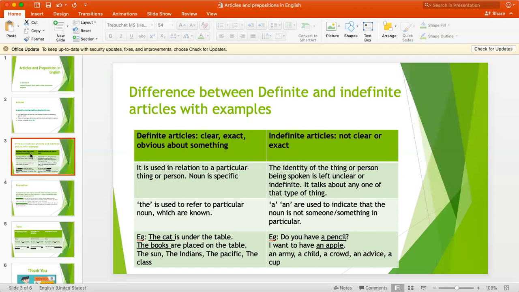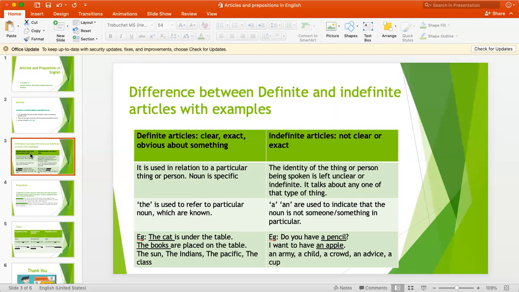Definite articles are used in order to refer to something very clear, obvious, or specific, in relation to a particular thing, person, or noun. The article the is used to refer to a particular noun which is known.